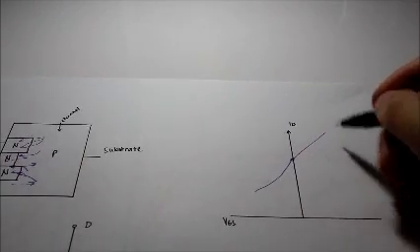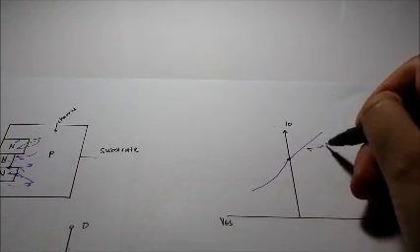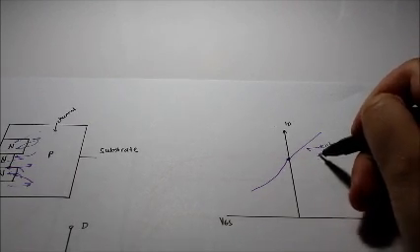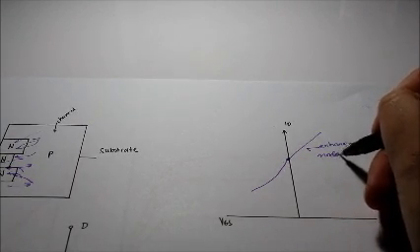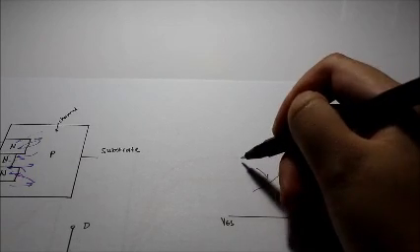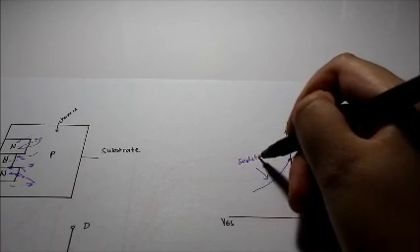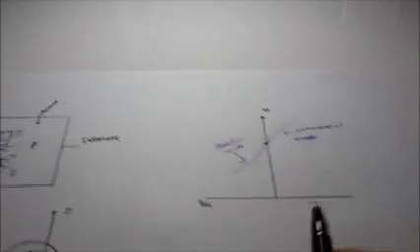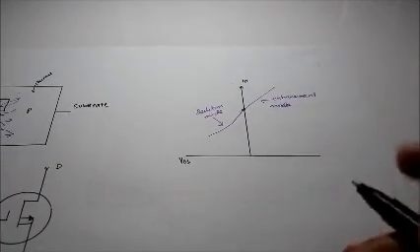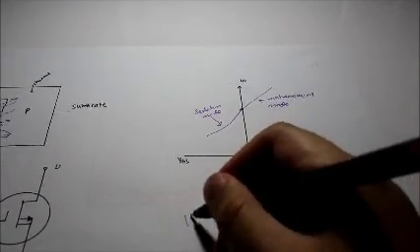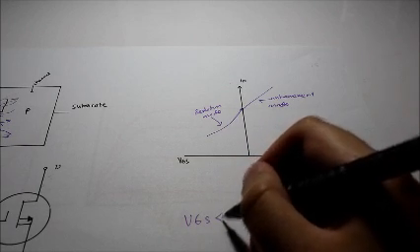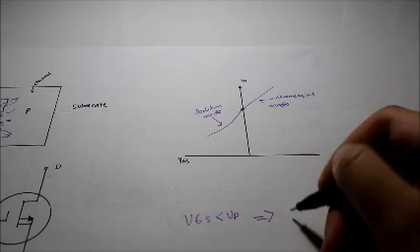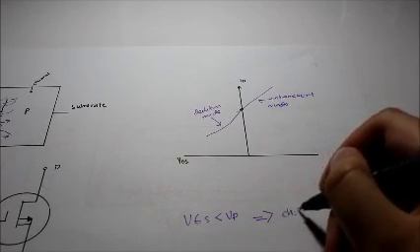So this is now in the enhancement mode. And this is in the depletion mode. So if my VGS is less than some value VP, then the channel will disappear.